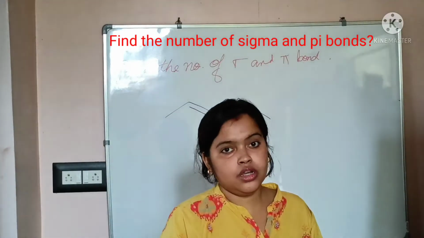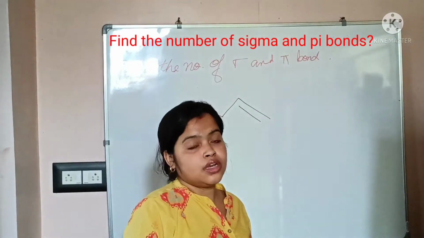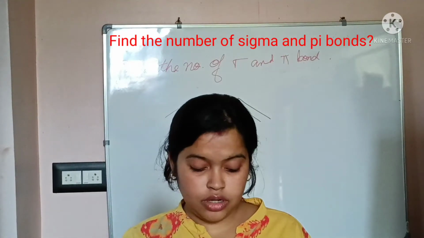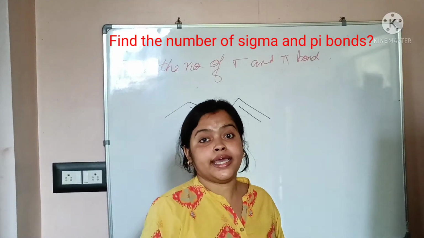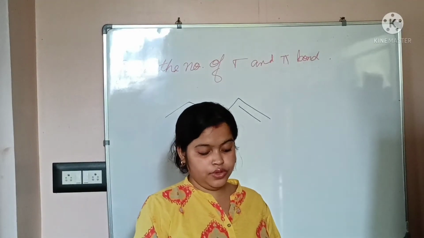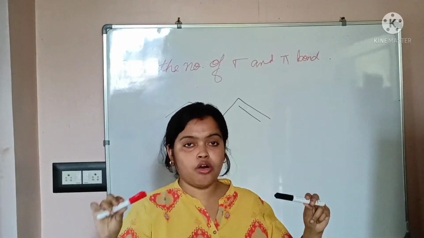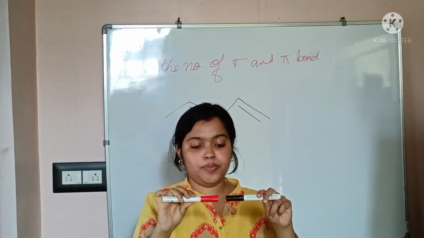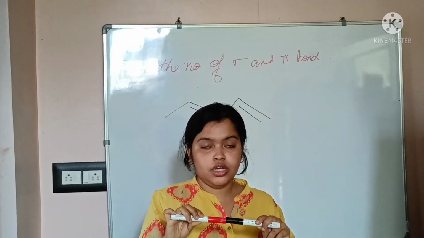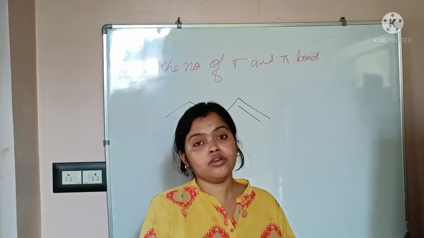Always remember that sigma bonds are formed at the first stage, because sigma bond is formed by head-on overlap. If you consider these two as orbitals, head-on overlapping is called a sigma bond. So the sigma bond is formed first, and only then the pi bonds are formed.